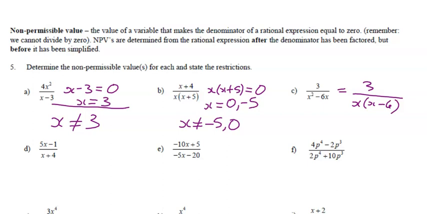Now, you can just look at this. You don't have to show work. Well, you should factor. You should show that work, but otherwise you don't have to. So what can't x be? 0 or 6, right? Everybody cool with that? 0, 6, see where it came from?